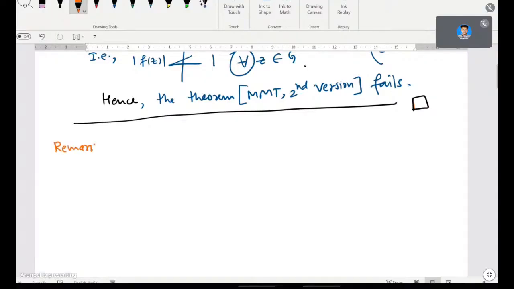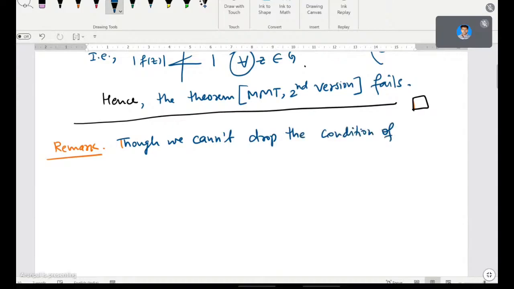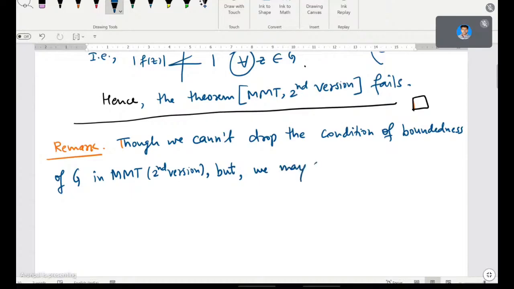Remark: though we can't drop the condition of boundedness of G in the maximum modulus theorem, second version, we may replace it with some other condition.